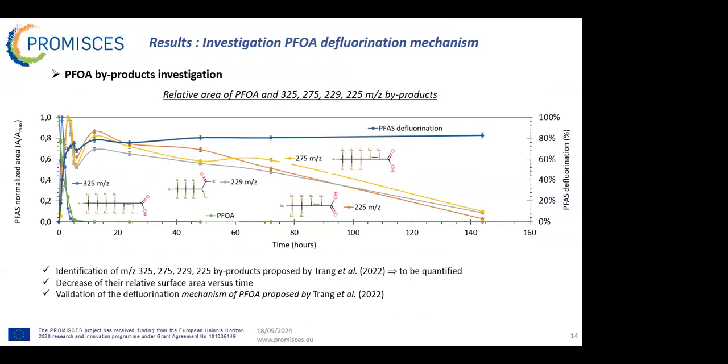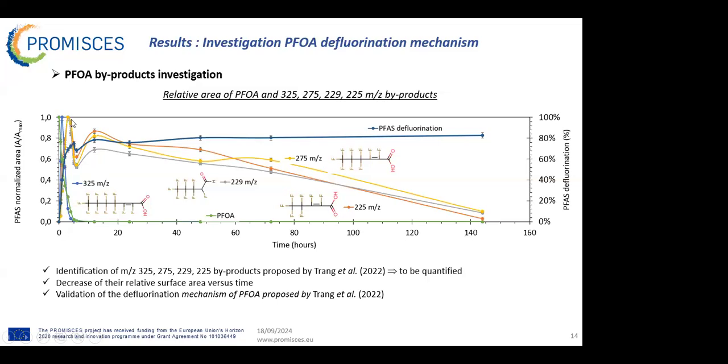And according to literature, we investigated the relative area of m/z 325, 275, 229, 225 byproducts. So we identified them, and here are the relative areas.